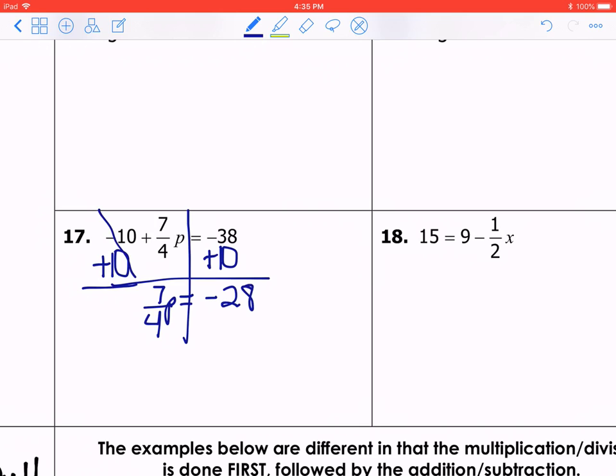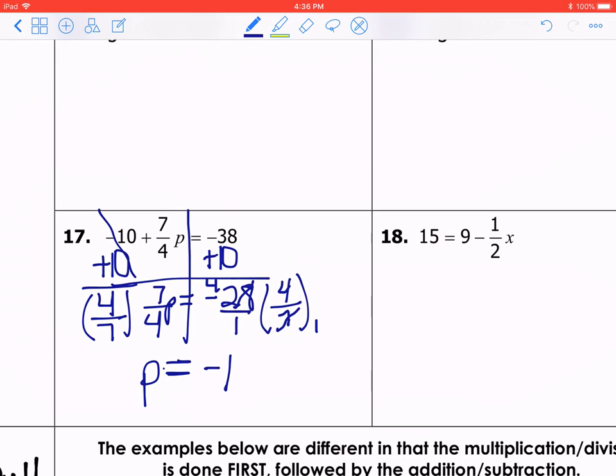We have the fraction 7 over 4, so you have to multiply each side by its reciprocal, which is 4 over 7. The fractions on the left cancel, because they're the same thing, just opposites. Put a 1 under the 28, cross cancel. 7 goes into itself once, goes into 28 4 times. Negative 4 times 4 is a negative 16.